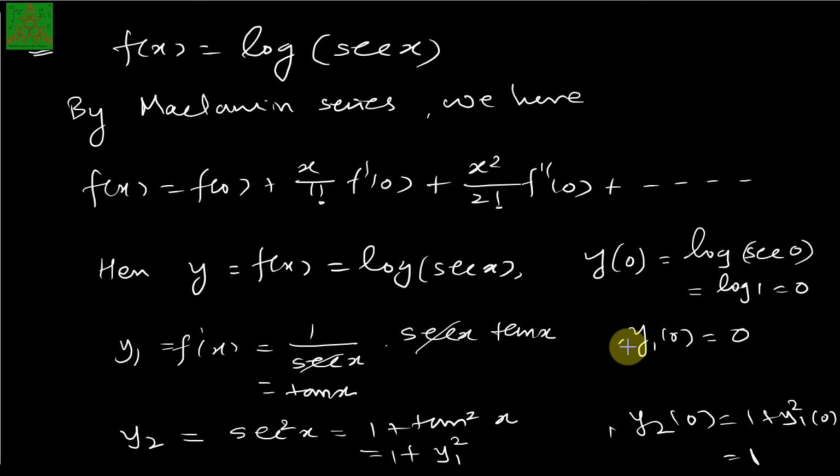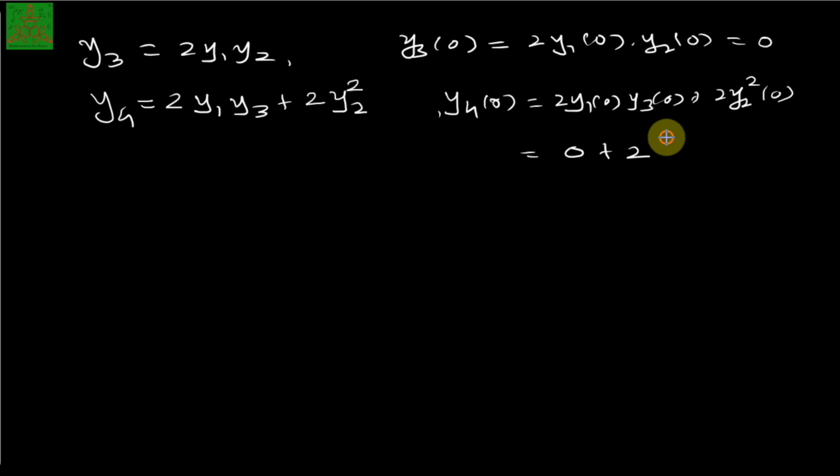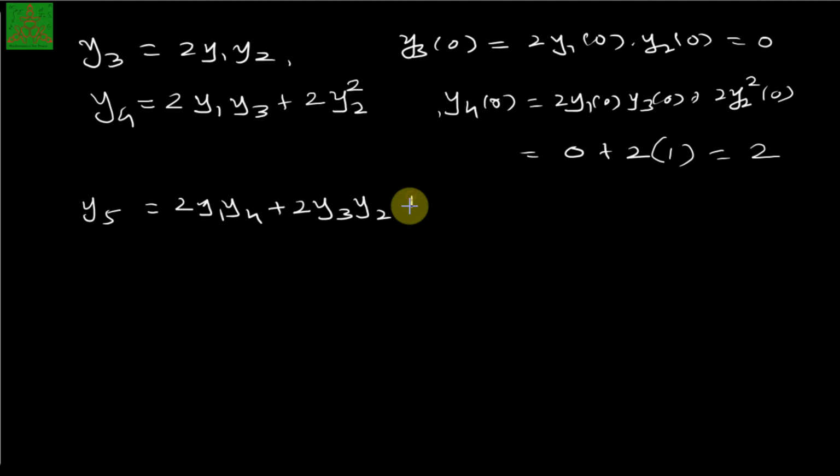The y2 value we have calculated is 1, so this gives me 2. For y5, it will be 2 as it is, y1 as it is, derivative of y3 is y4, plus 2 y3 as it is, derivative of y1 is y2, plus 4 times 2 y2 y3. For y5 at 0, y1 at 0 is 0 and y3 at 0 is 0, so y5 is also 0.